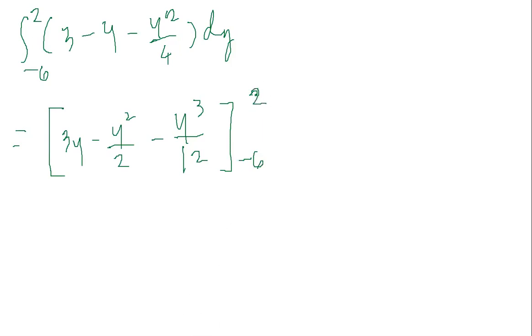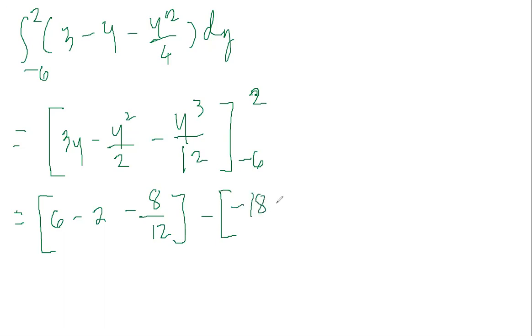Correct? And we should be getting the same answer. The answer was 64 over 3. So let's substitute 2. We have 6 minus 2 minus, this becomes 8 over 12, minus, this becomes negative 18, this becomes negative 36 over 2, which is 18.